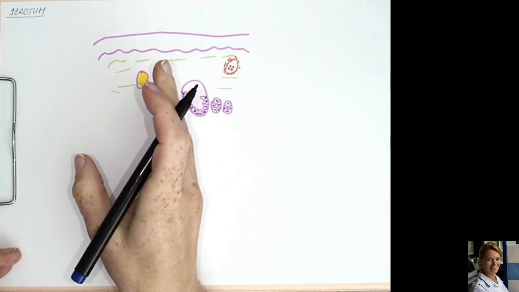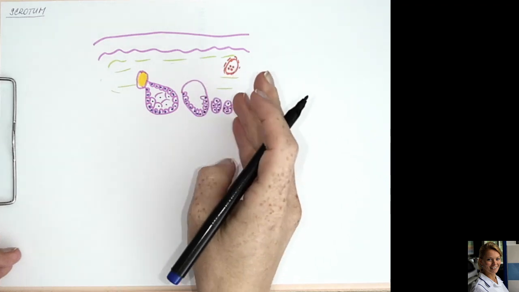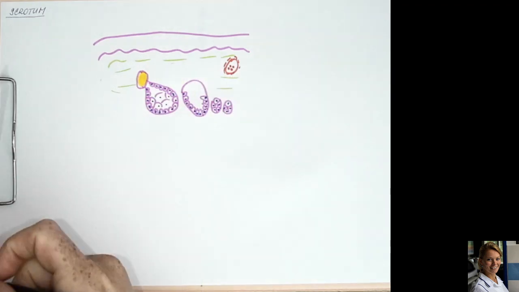So sebaceous holocrine gland, eccrine sweat gland, and apocrine sweat gland.